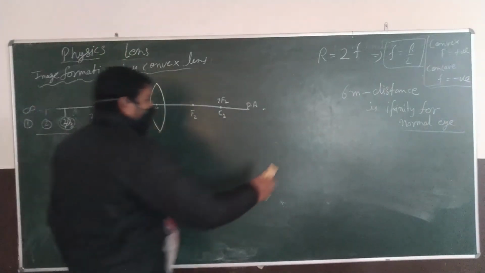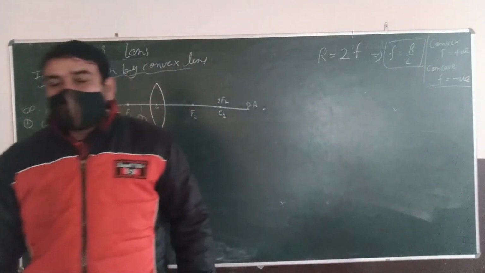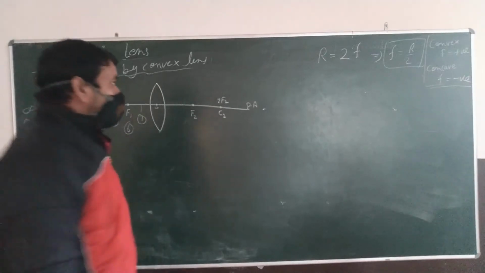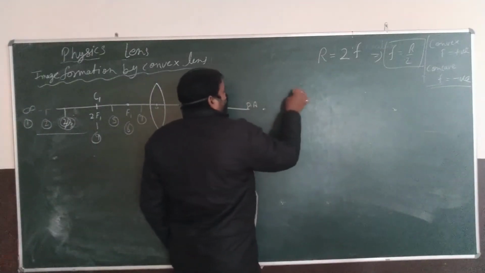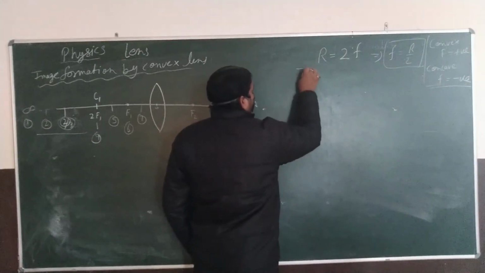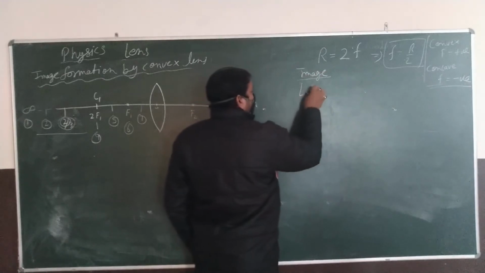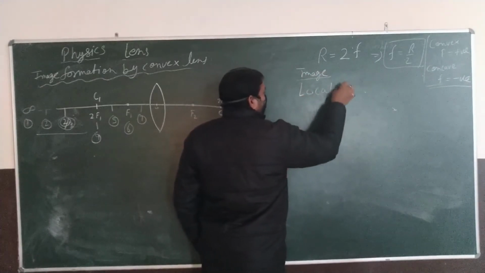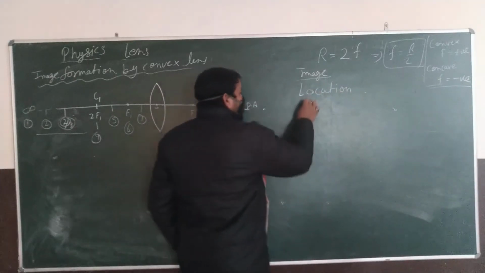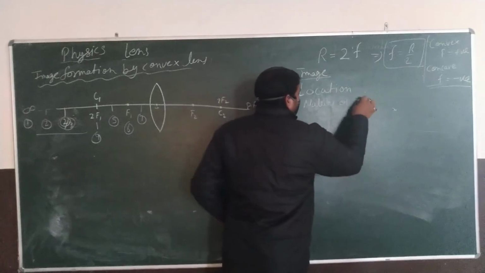Now, whenever you form the image, you need to describe 4 things about the image. First, location of image. Second, nature of image.